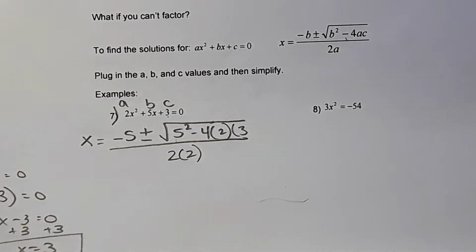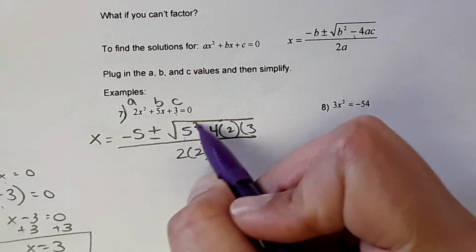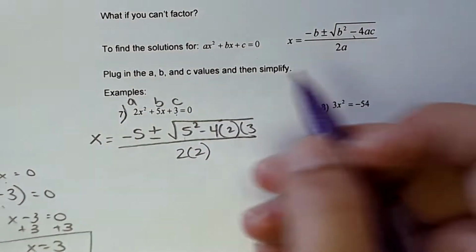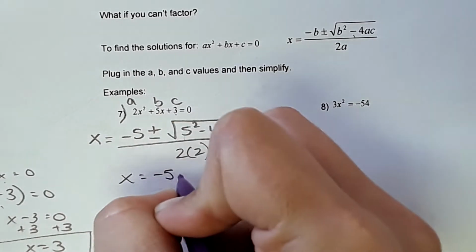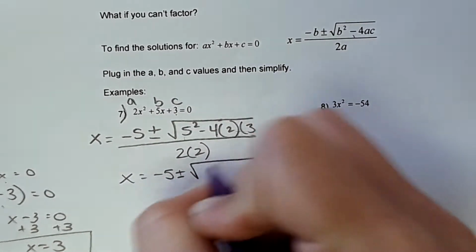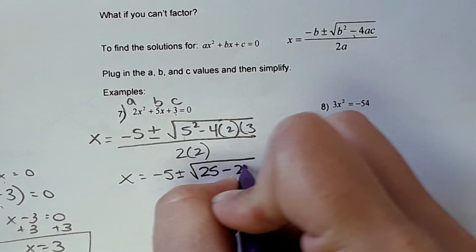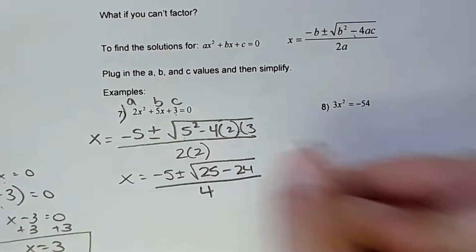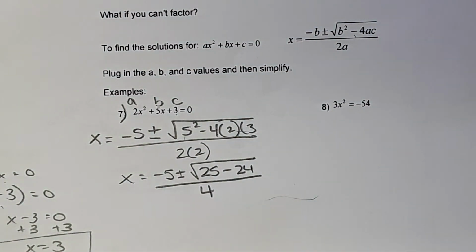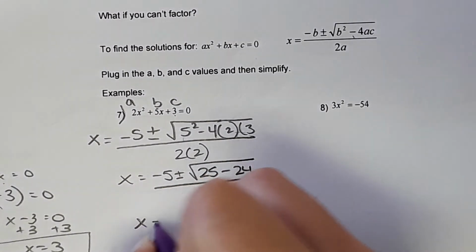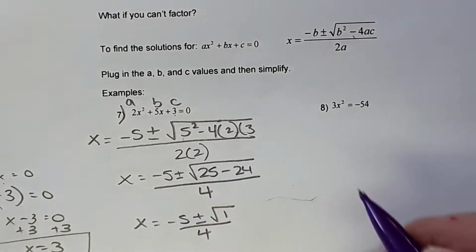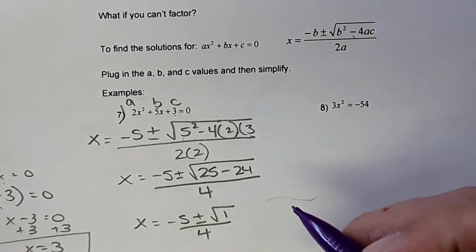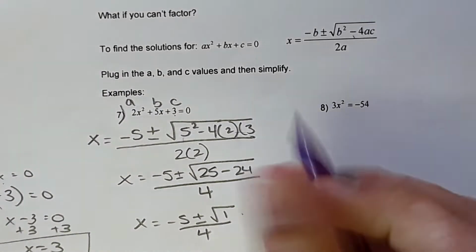Okay. Now we simplify. We have to use order of operations, so we're going to square this 5 first, multiply these, and just solve it as we go through it. My Algebra 1 teacher was so determined to make us memorize the quadratic formula that the day after she gave it to us, she gave us a quiz the next day.